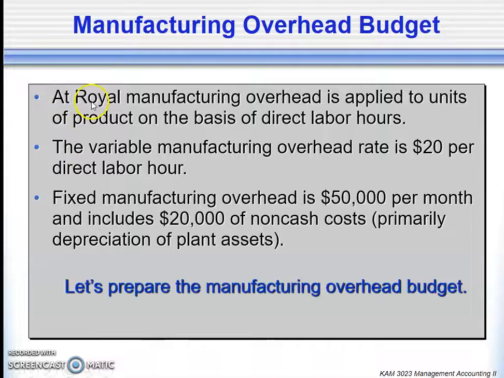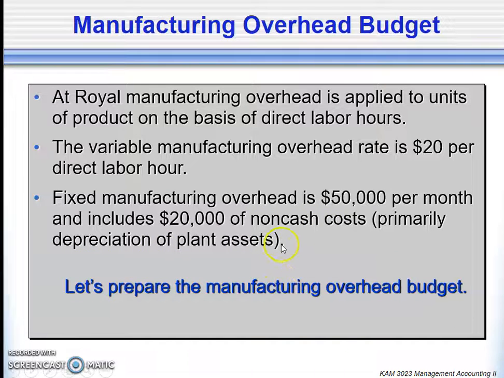In the example at Royal, manufacturing overhead is applied to units of product on the basis of direct labor hours. The variable manufacturing overhead rate is $20 per direct labor hour. Fixed manufacturing overhead is 50,000 per month and includes 20,000 of non-cash costs, primarily depreciation of plant assets.